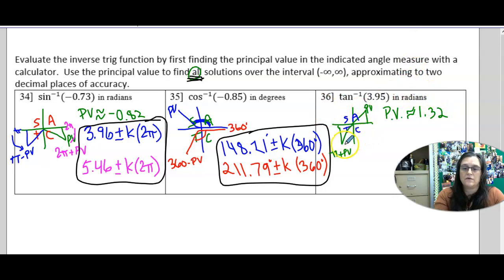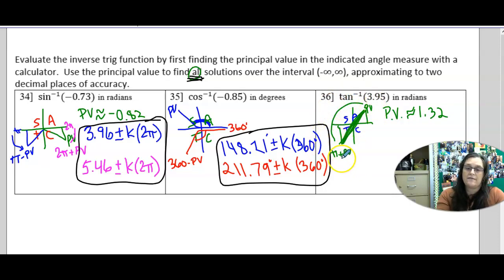And then if you notice, the period of tangent is half the circle. So to get from my principal value to my second solution, I add pi. But if I add another pi, I get right back again to the terminal side of my principal value, and so on and so on and so on.